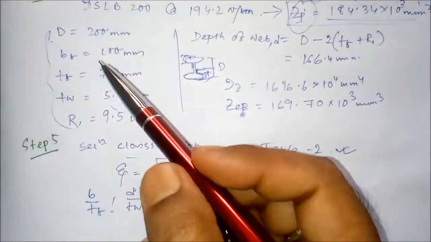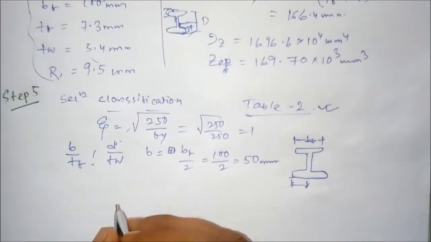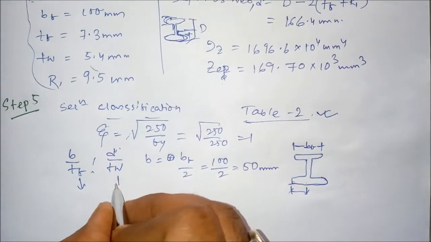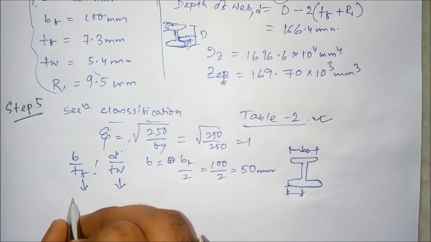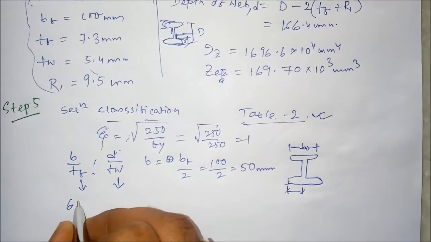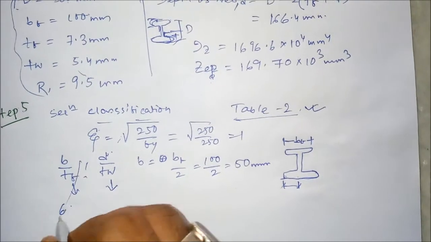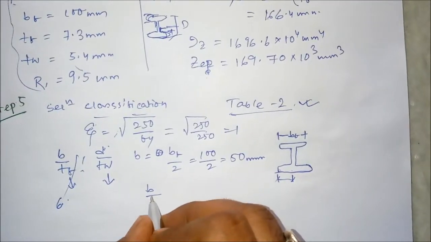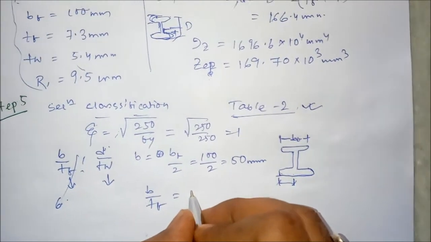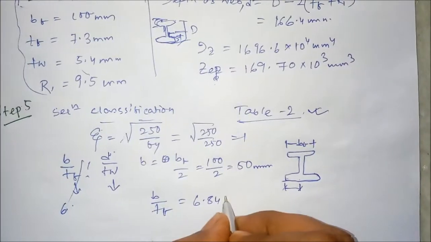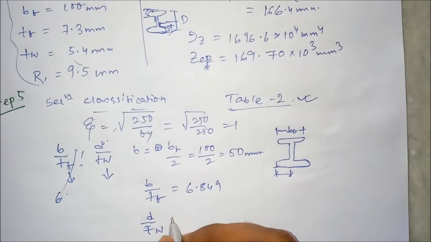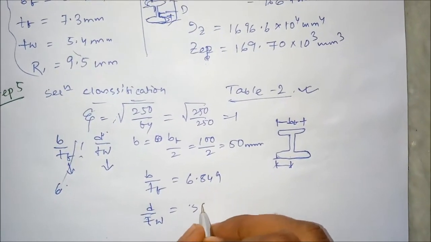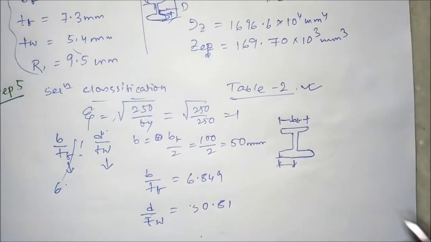And tf and tw we already know, so we can find out those two ratios. b by tf is coming 6.849, and d by tw is coming 30.81.